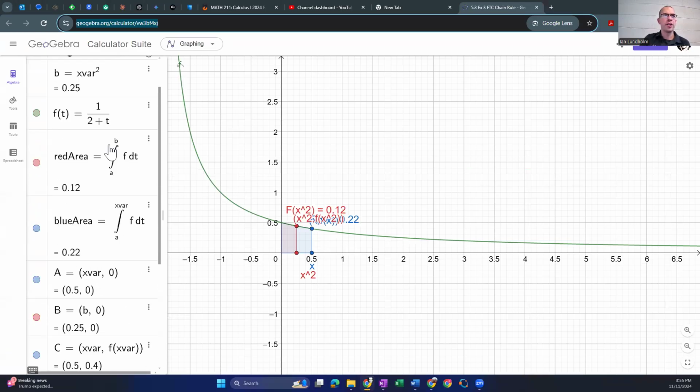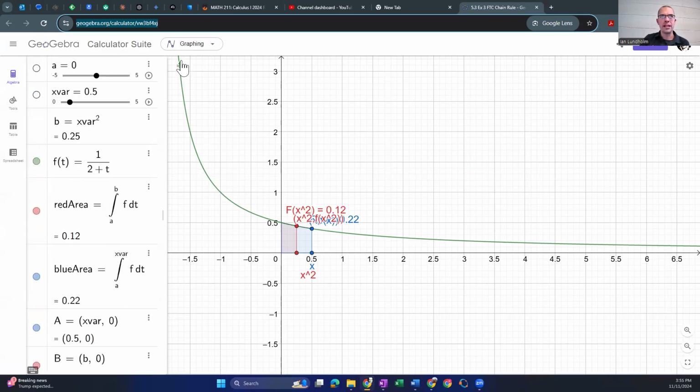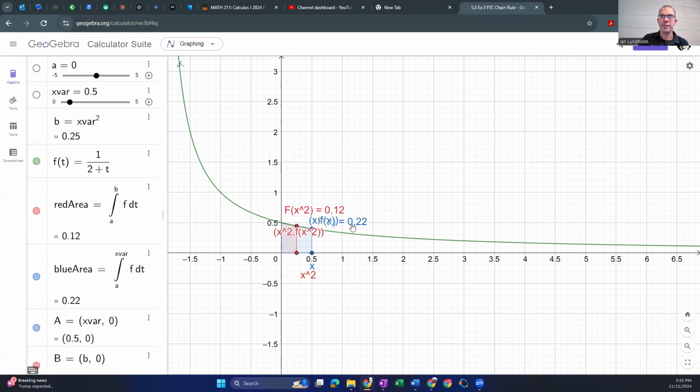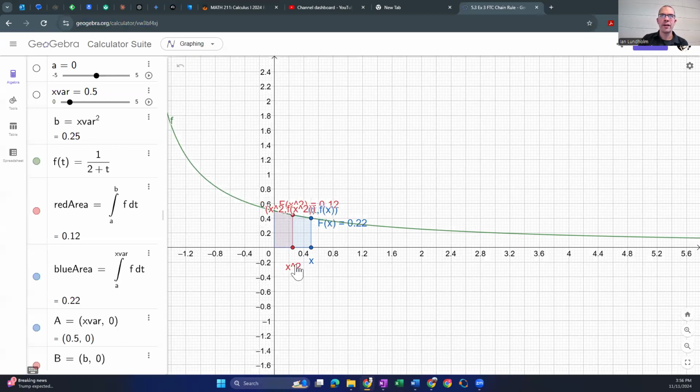Here we've got the function 1 over 2 plus t mapped out. That's our green line. And the idea is that instead of the right-hand boundary being governed by just a normal x, the normal x is in blue right now, and x squared is going to be in red.